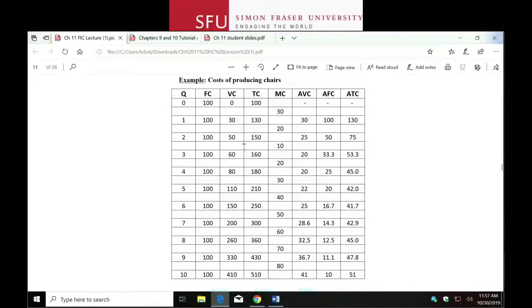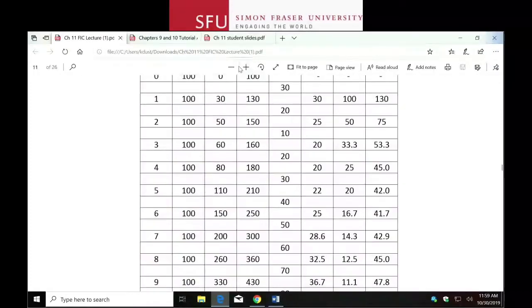But once we get past there, now the increase in the average variable is now more significant than the decrease in the average fixed cost, and so then your average total cost will start to go up. And on the next page is a graph, which will make it a lot easier to see these patterns.